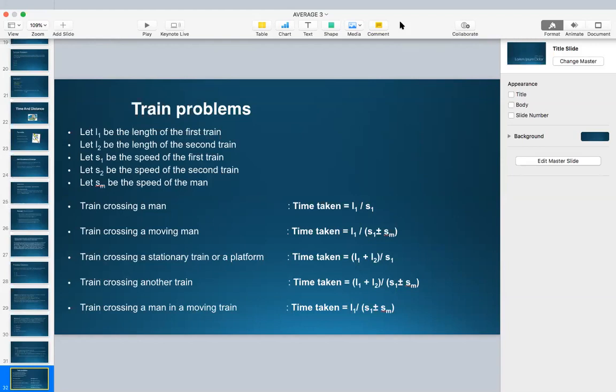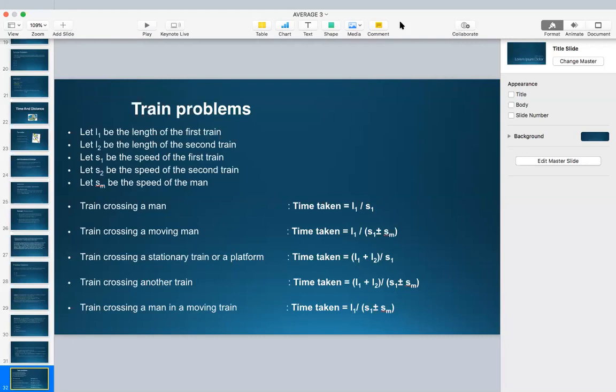There's a Shatabdi train crossing you. So now the question is to find out the time taken by the train to cross you. Try to imagine the scenario. You are sitting in a Rajdhani train. Now a Shatabdi train might be moving in the same direction or it might be moving in the opposite direction. It does not matter.